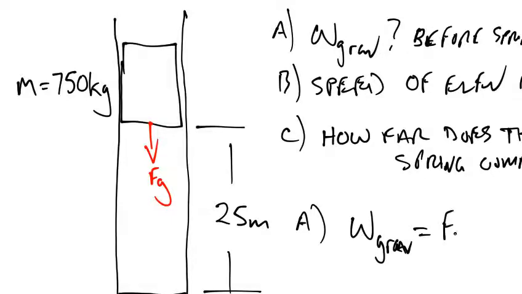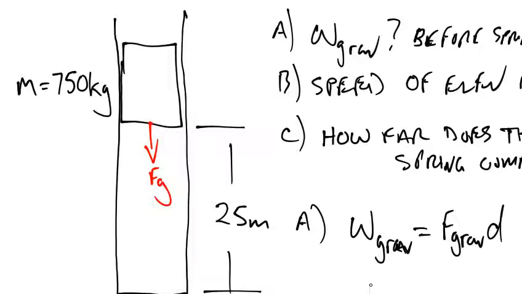The work due to gravity is the force of gravity times the distance that it moves. And remember, once again, when F and D are in the same direction, your work is positive.